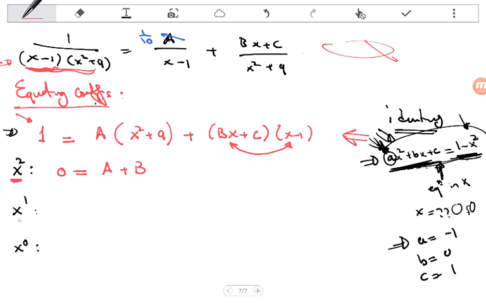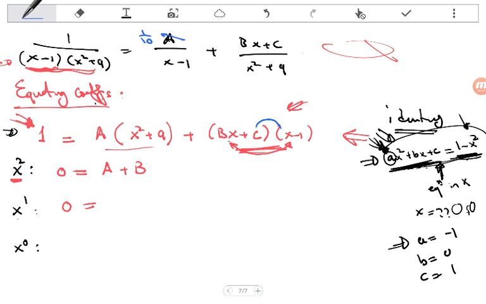The second equation is by equating coefficients of x power 1 both sides. What is the coefficient of x power 1 in the left side? It will also be 0. So 0 is equal to what is the coefficient of x power 1 in this side? I don't have x power 1 here, but here I can find x power 1. How? By multiplying this by this only, or can I find another term?